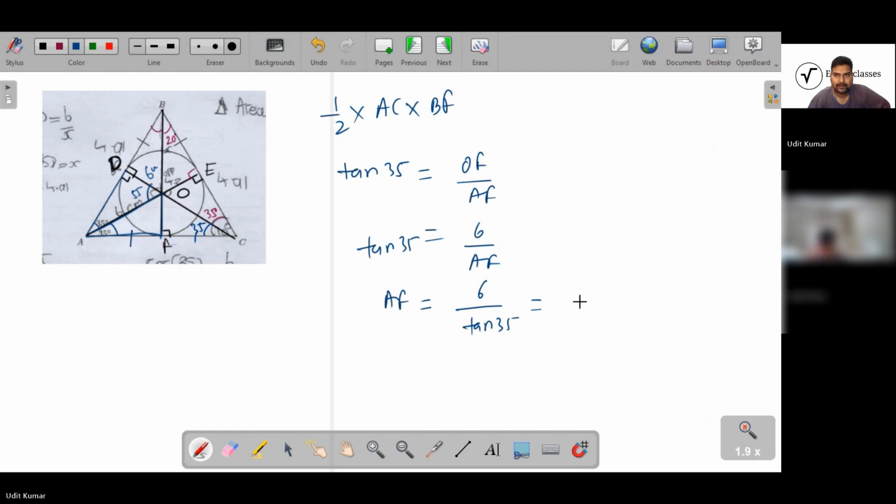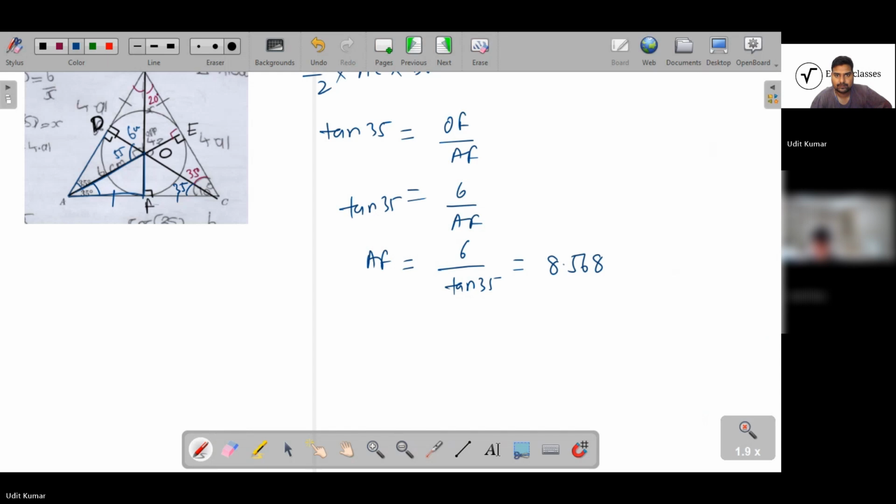8.568. That is AF. If I multiply it with 2, 2 times 8.568, what you will get? 17.137, right?